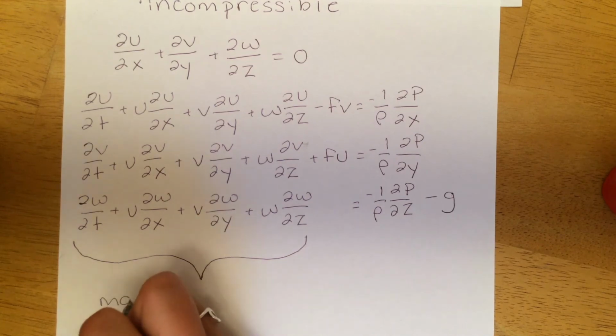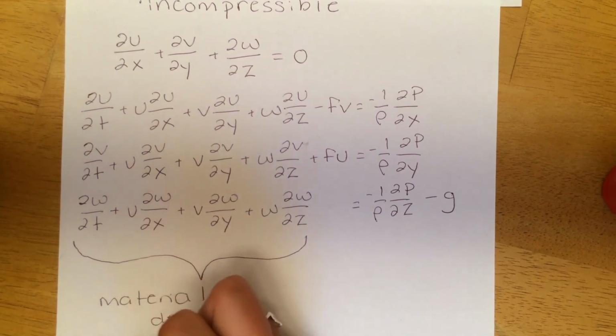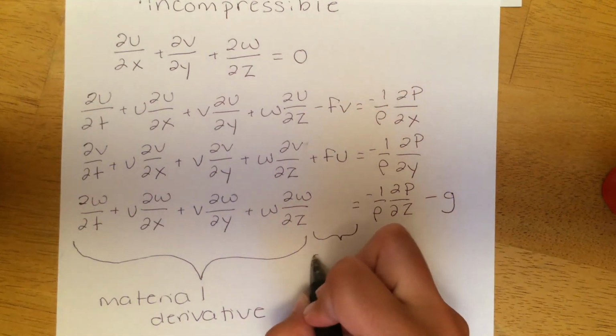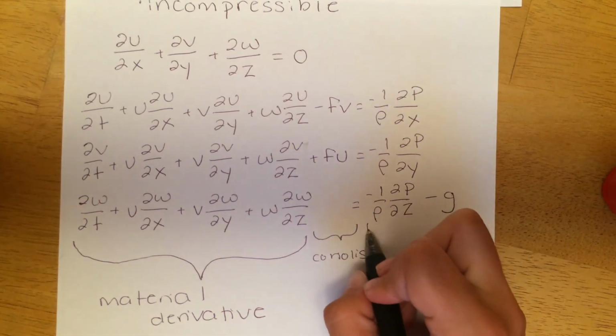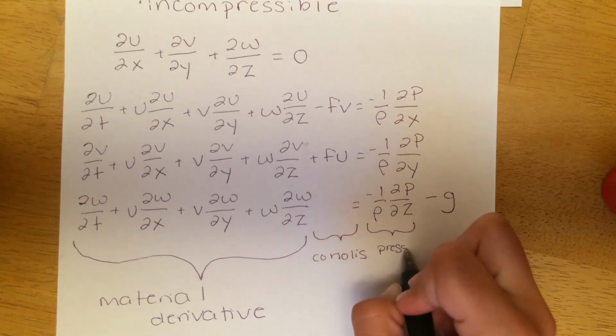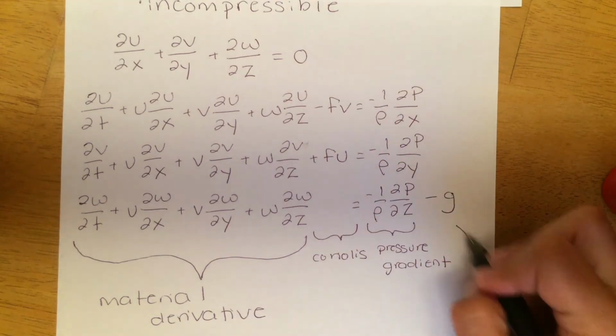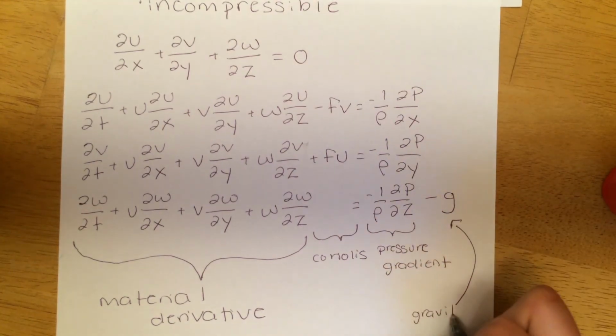In our material derivative, we have our Eulerian rate of change and our advection terms. Then we have our Coriolis force acting in the x and y directions, our pressure gradient terms, and then finally we have gravity acting in the z direction.